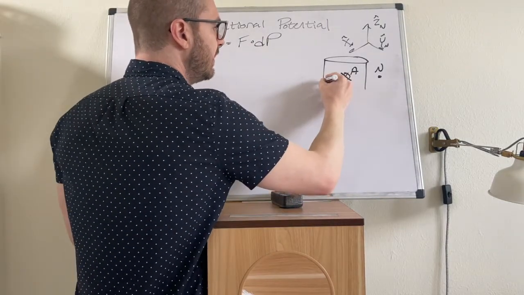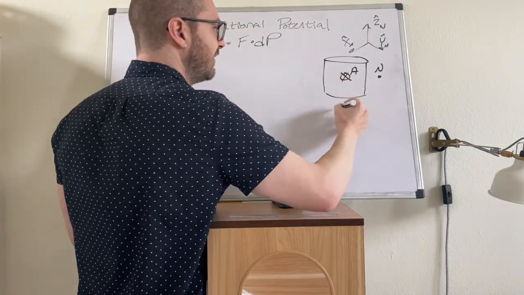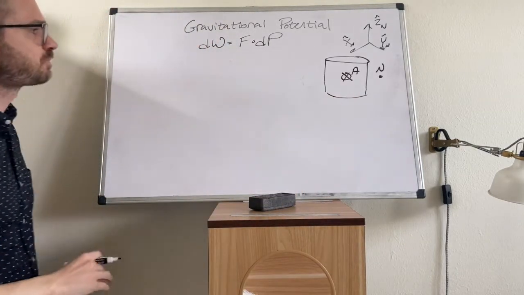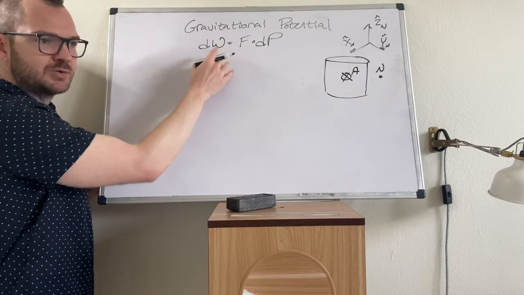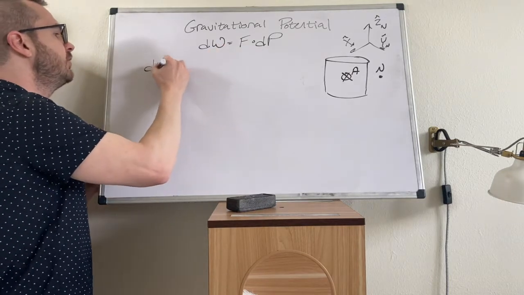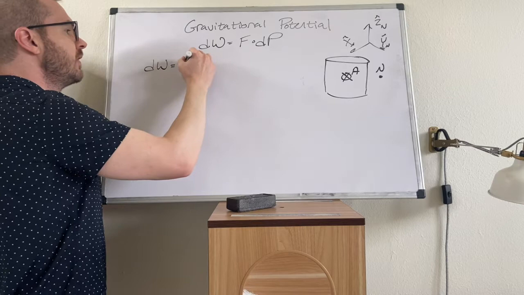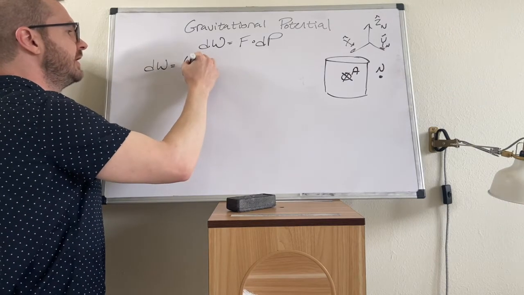Oh, let's leave our object on there. There you are. Okay. If we want the actual expression, that means we just have to put in the actual force term. So dW is going to equal this actual expression.